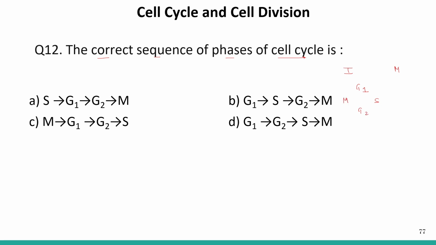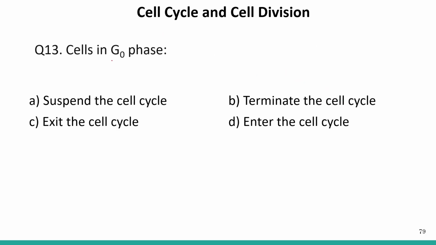So the correct sequence: first the G1 phase, then the S phase, the G2 phase, and in the end the mitotic phase, where the actual cell division takes place. From G1 to G2 it is interphase, and then we have the mitotic phase.